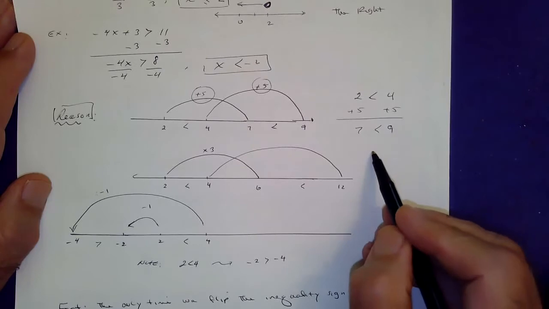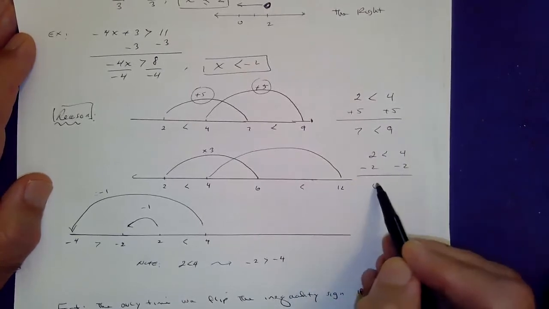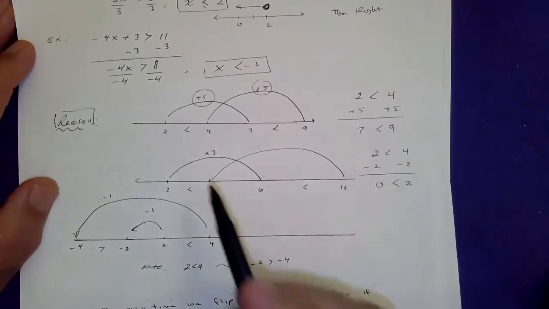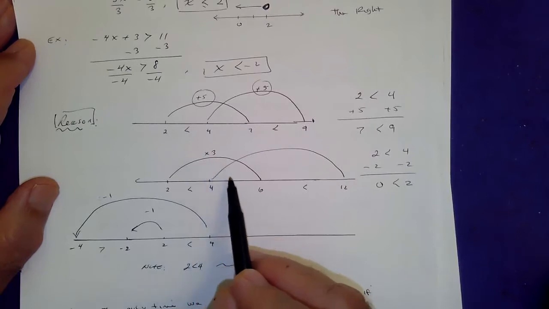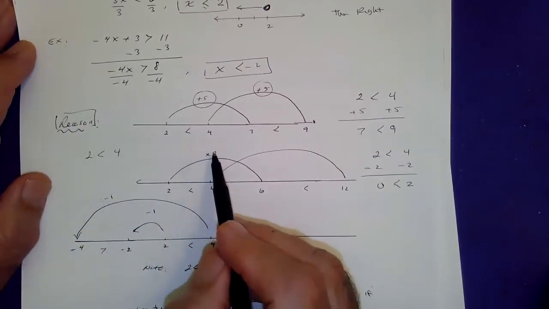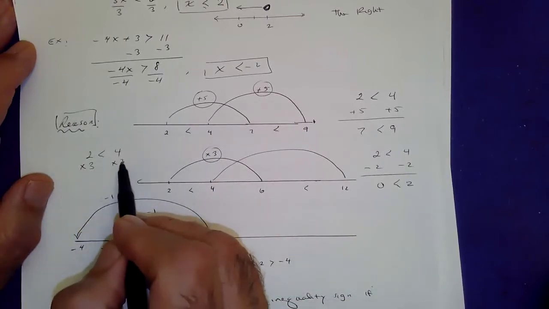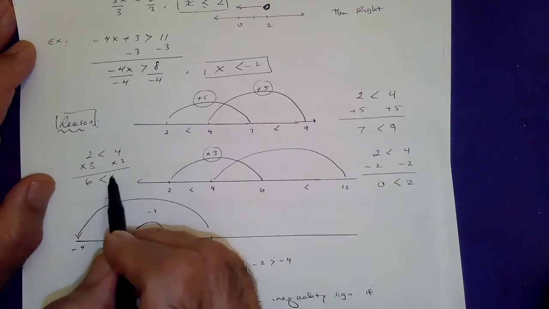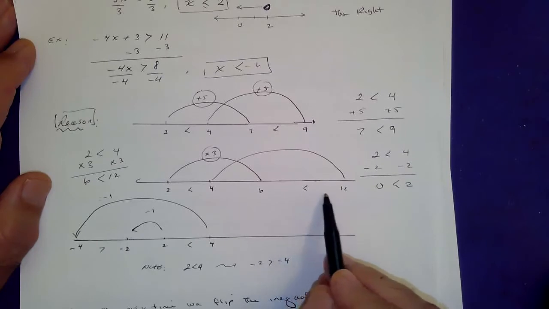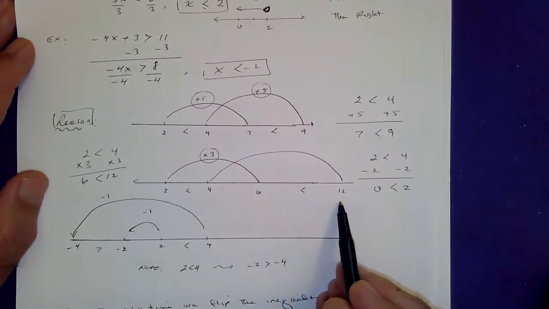Or even if I subtract, let's say, 2 from each side, I get 0 is less than 2. No problem. On the other hand, if I multiply both sides by a positive number, let's say by 3, you get 6 is less than 12, no problem. The inequality sign has been preserved. 6 is still less than 12.